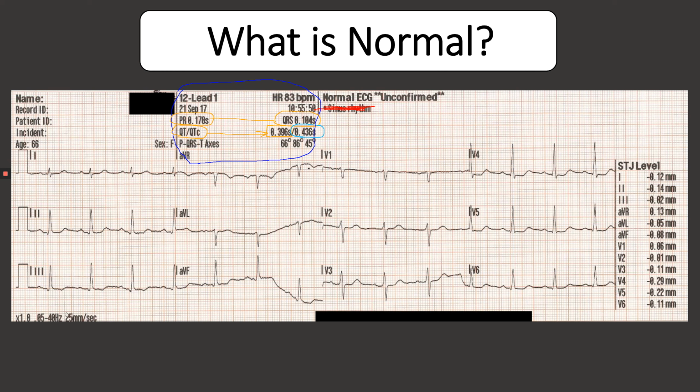The only other numbers I'm going to draw your attention to are the bottom row, where you see the P, QRS, and T axis. These are your axes, for axis deviation, and they correspond to the numbers over here. There's your P, QRS, and then your T. Good news is I don't worry about the P wave axis or the T wave axis. The only thing I care about is the QRS.